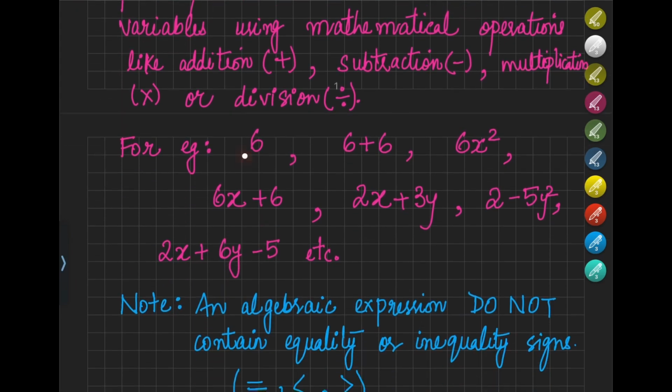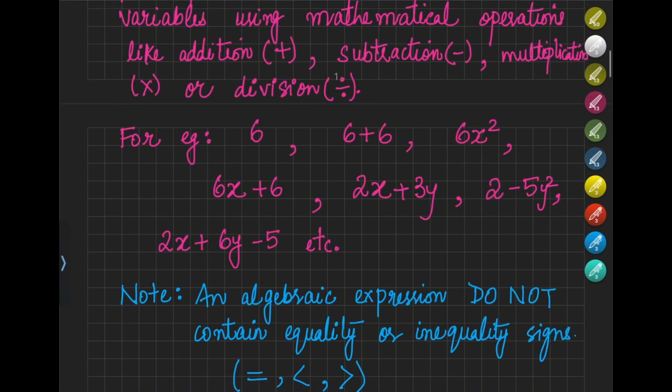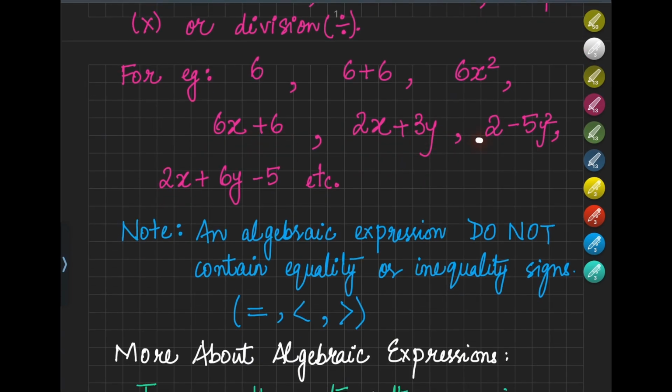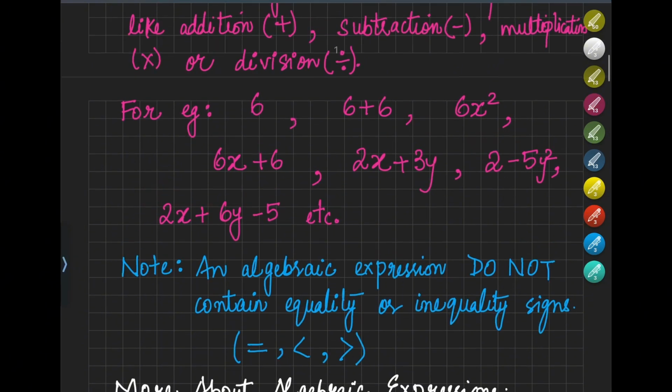Say for example, 6 is an algebraic expression without variable. 6 plus 6 is also an algebraic expression again without variable. 6x square is an algebraic expression with the number and variable. This is also an algebraic expression. These have two variables: 2 minus 5y square, 2x plus 6y minus 5.